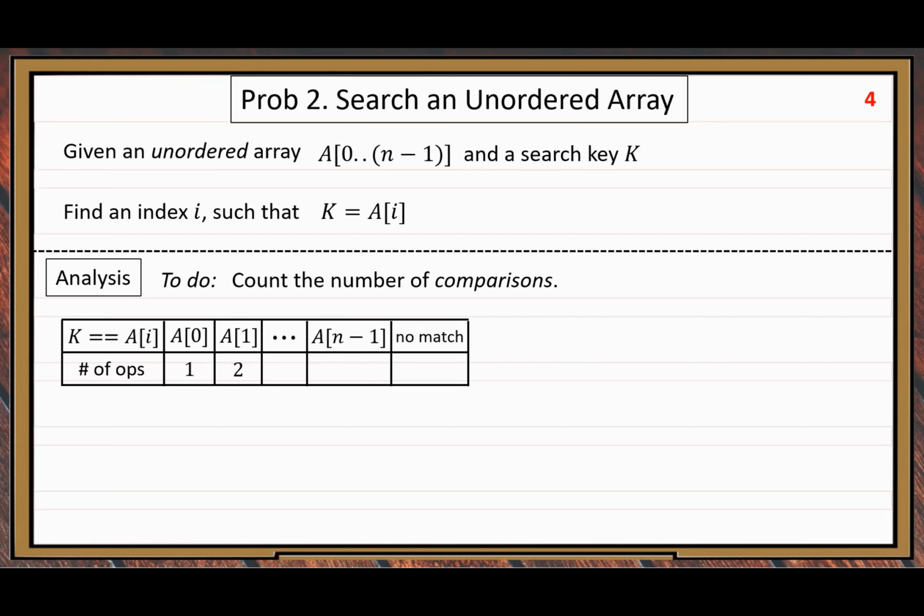If k equals A[1], two comparisons, and so on. If k equals the last element, n comparisons. If there's no match, you couldn't find the search key in the given array, also n comparisons. So that's all the possible cases.